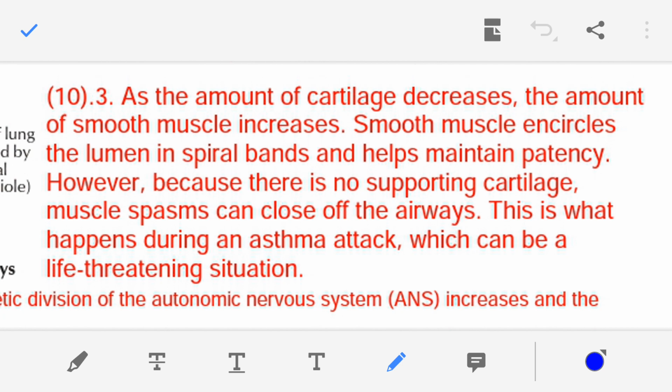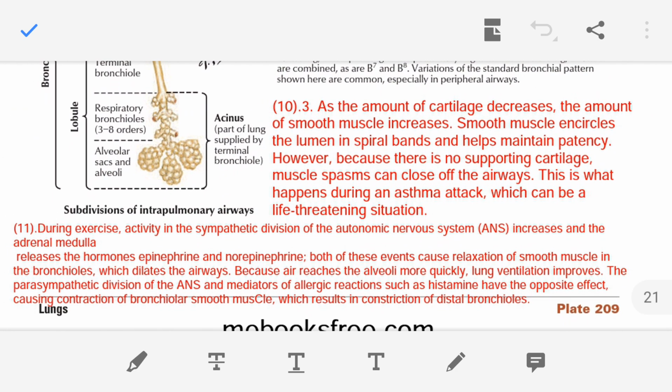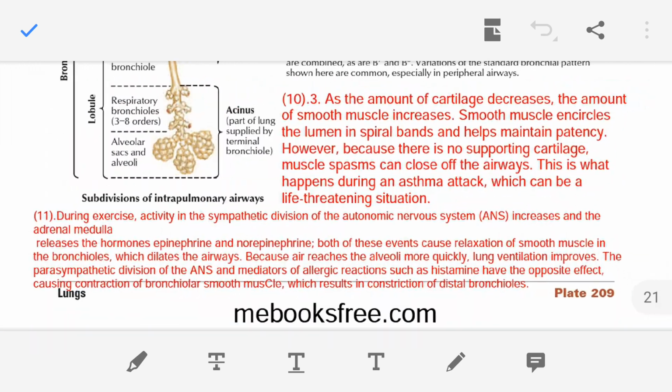This is a critical situation, and the person can suffer an asthma attack. This asthma attack can be life threatening, because oxygen and CO2 exchange is not occurring between the alveoli and the blood capillary, since the oxygen is not reaching the alveoli. So this is the 10th point of our discussion.